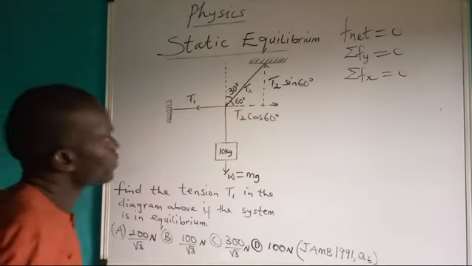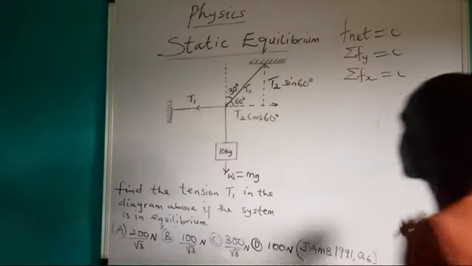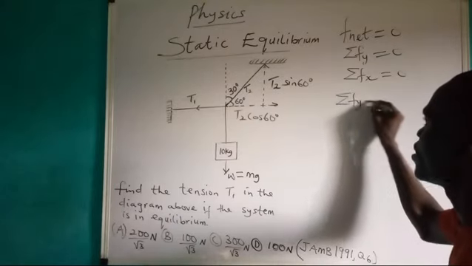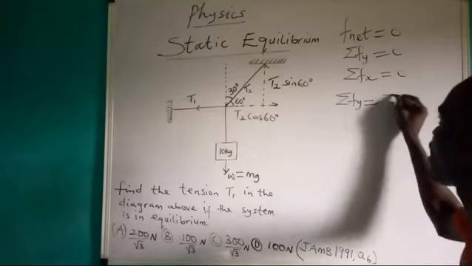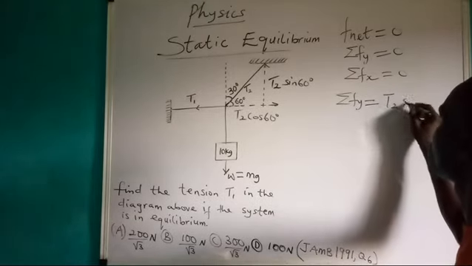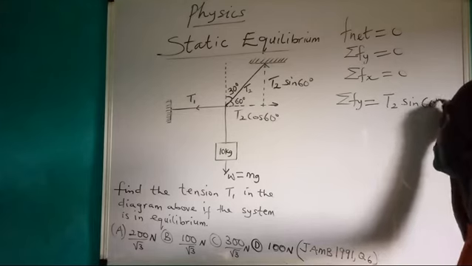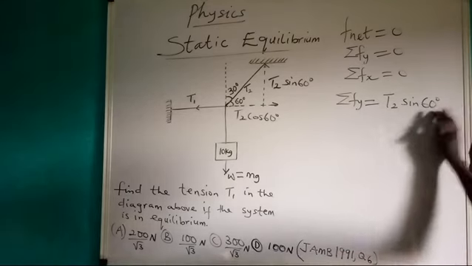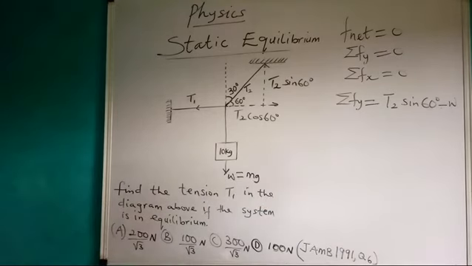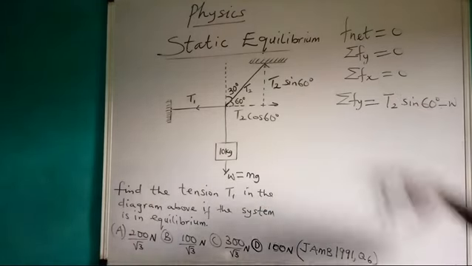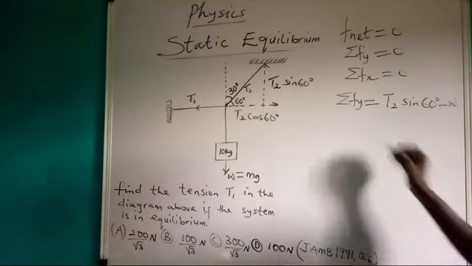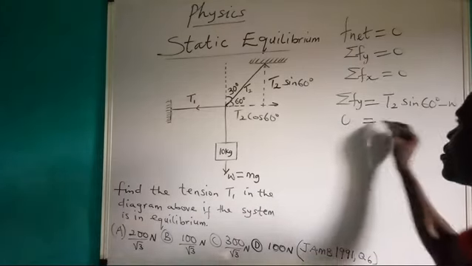Therefore, sigma Fy equals T2 sine 60 degrees, which is positive, minus W, because W is the weight force and it's acting downward. Remember, under translational equilibrium, the sum of the forces in the y direction must be zero. Please take note of that.